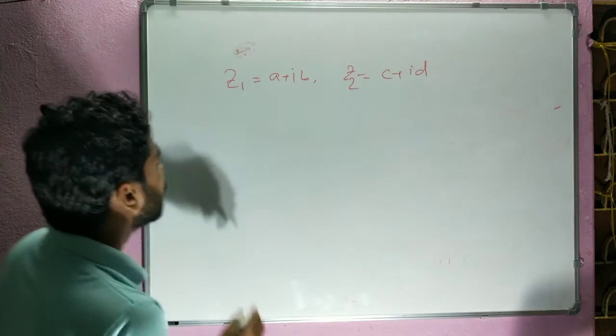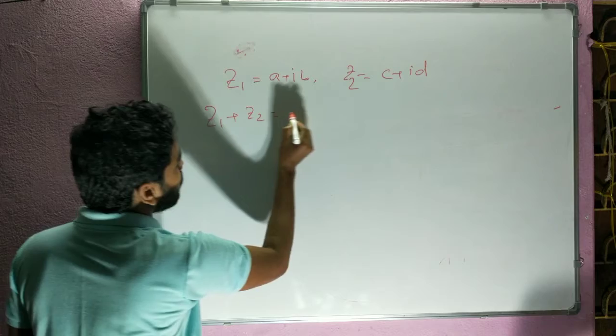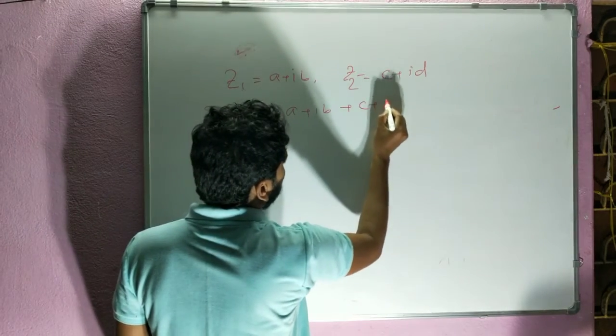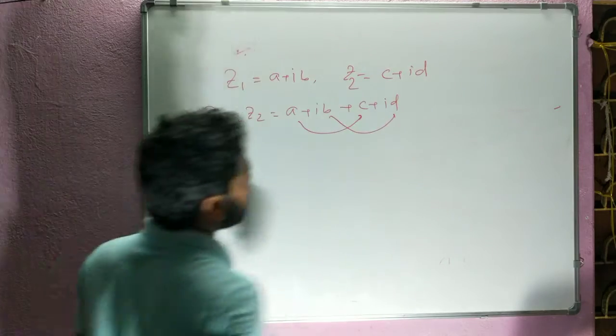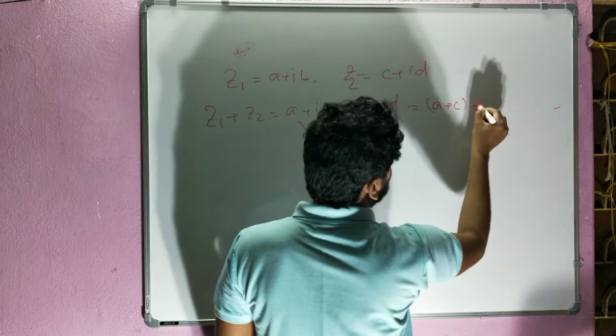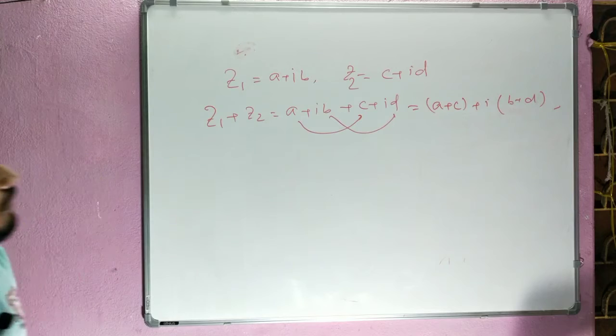Z1 plus z2 means a plus ib plus c plus id. Taking the real part and imaginary part, the real part is a plus c and the imaginary part is b plus d. This is the addition.